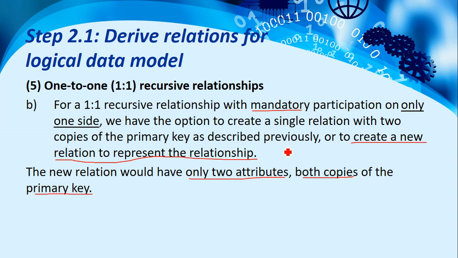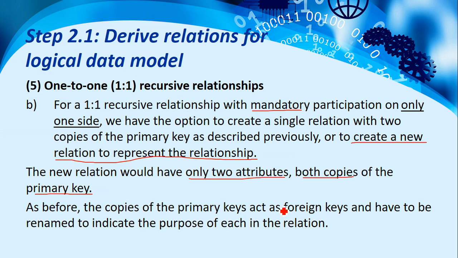Okay? And then the copies of the primary key act as foreign keys. These are the attributes from the new relation, and these attributes made into foreign keys have to be renamed.